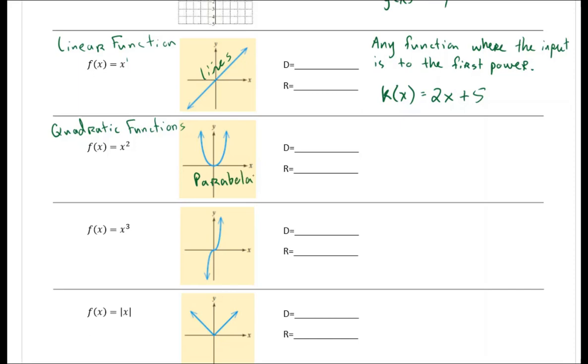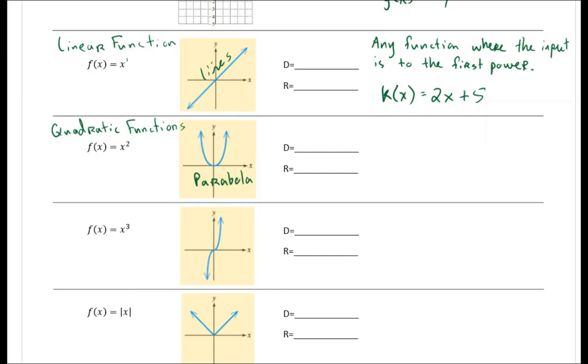It's spelled like parabola, but we say parabola. The graphs of quadratic functions are always going to be parabolas, and what that means is the shape is this U-shaped, this soft U. Now it could be opening down, and it can move to other places on the graph. But if it's a quadratic function, it's going to have that U shape.